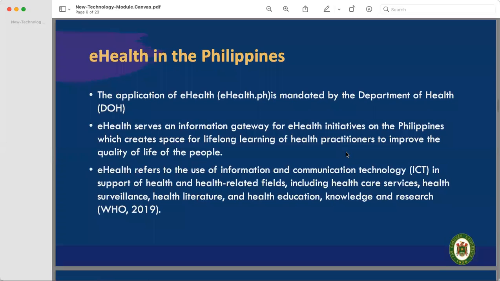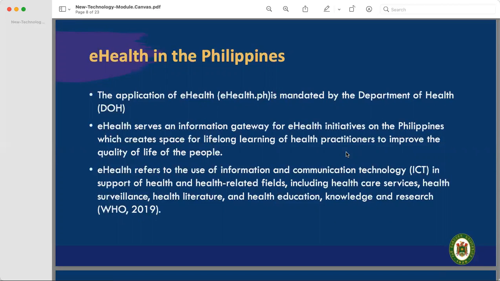Now, I have been mentioning the use of technology in the Philippines. So, what about us right now? The application of e-health is actually mandated already by the Department of Health.